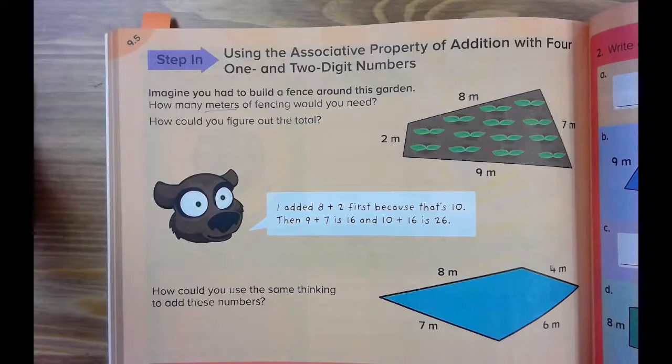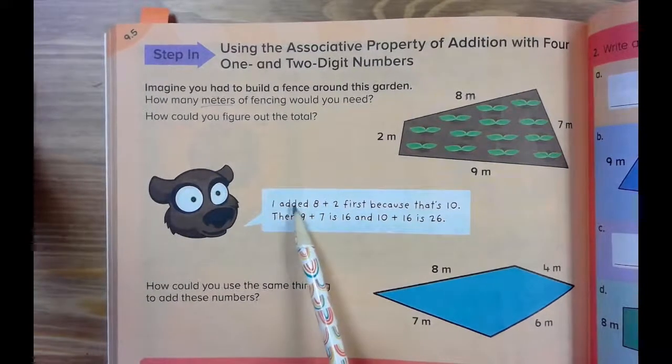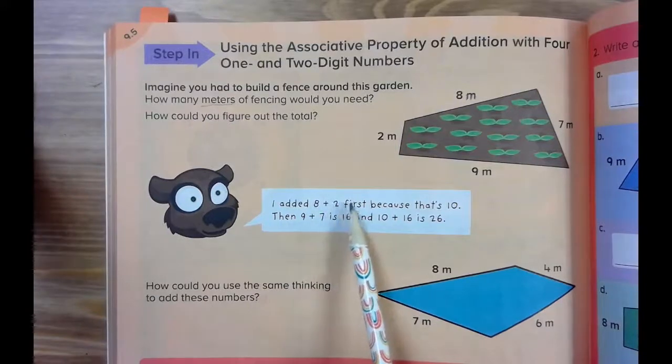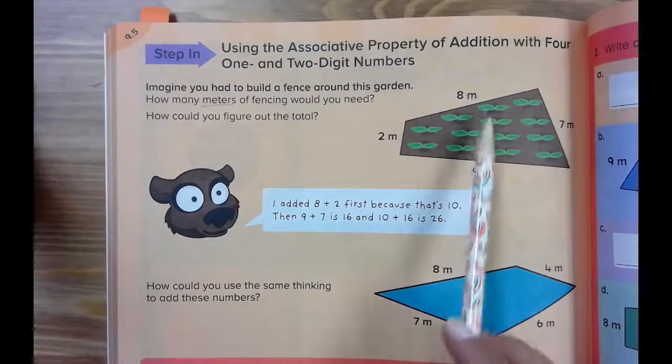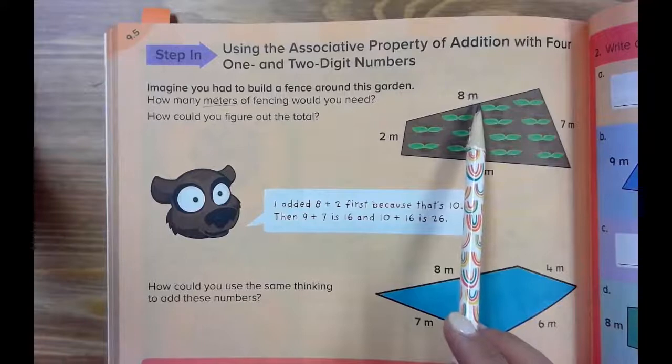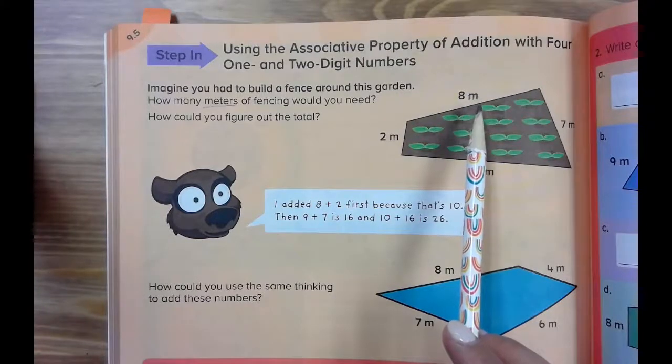So now we want to know how many meters of fencing we would need and how we could figure out the total. Well, he tells us I added 8 plus 2 first because that's 10. Remember how we talked about last week that we want to make addition as easy as possible for us.